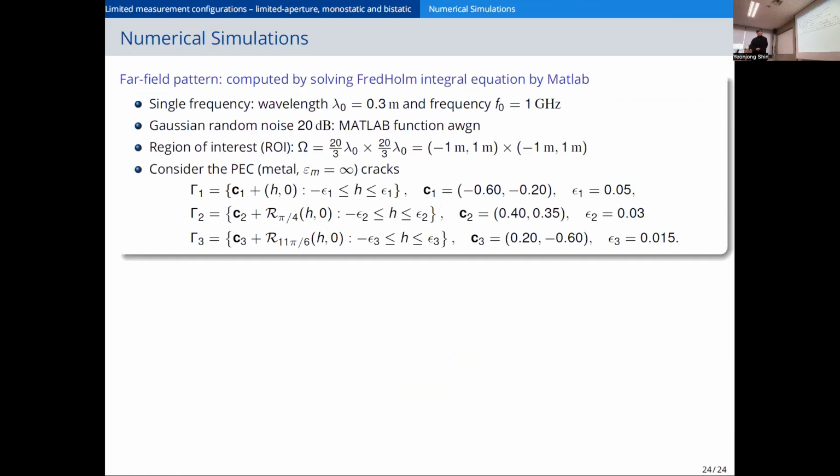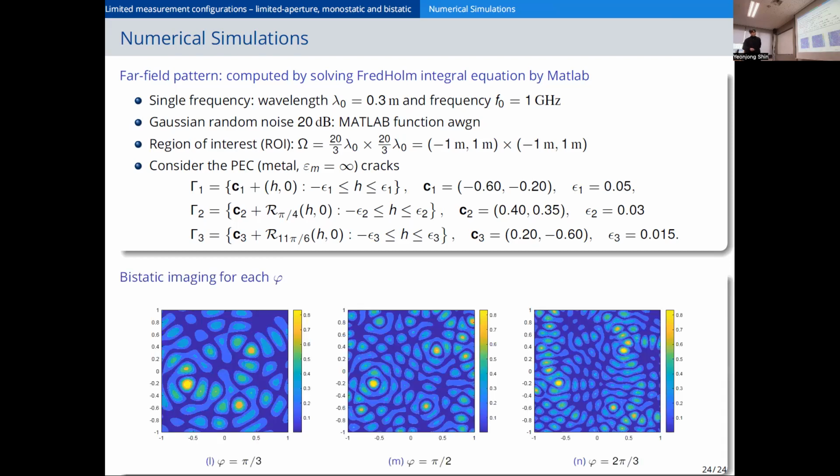This is a numerical simulation. We apply the same single frequency, same noise and same ROI, but consider a perfectly electric conducting crack. So this means that the crack is metal, with gamma 1, gamma 2, gamma 3 like this one. If varphi is 360 degrees, maybe 60 degrees, we can successfully detect the crack.